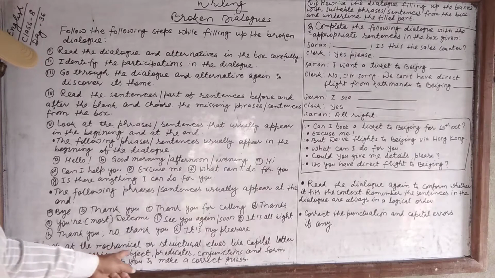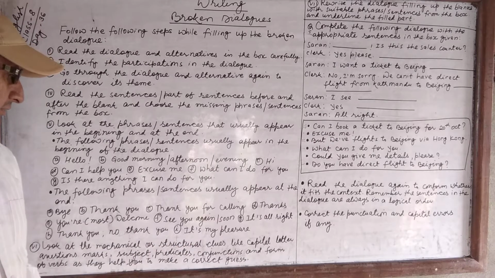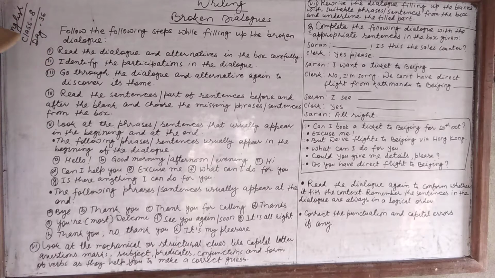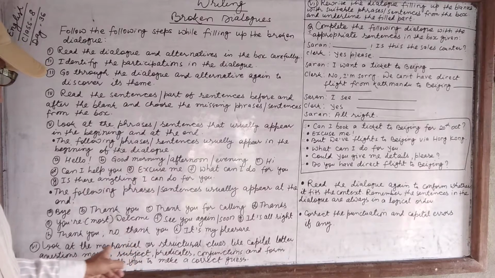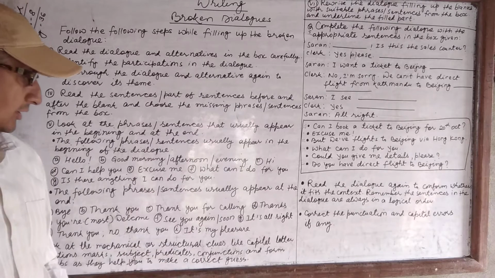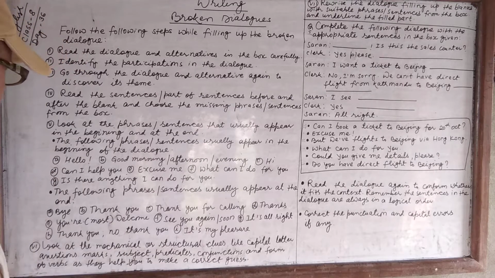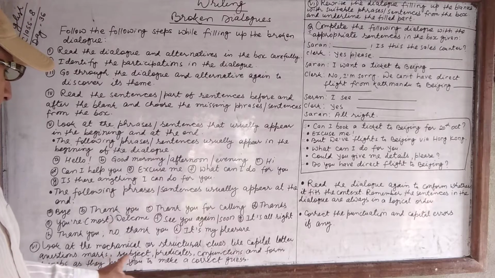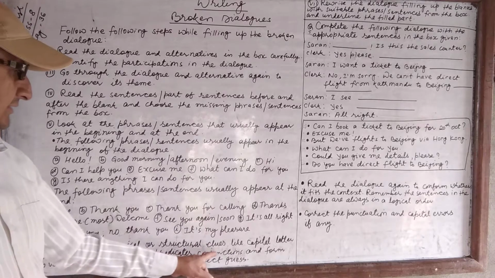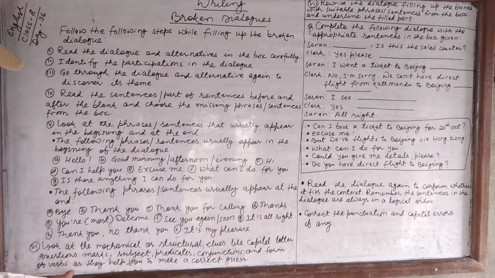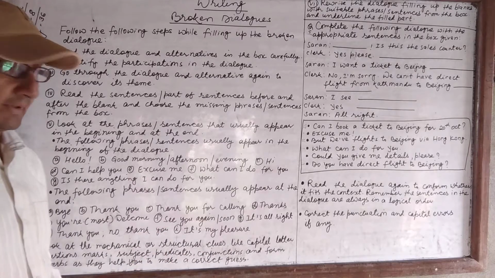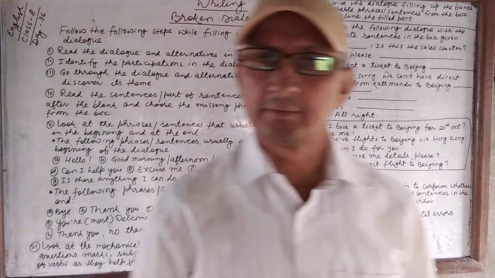Now look at the mechanical or structural clues like capital letters. You have to look at the mechanical or structural clues like capital letters, question marks, subject, predicate, conjunction, and form of verbs, as they help you to make a correct guess.